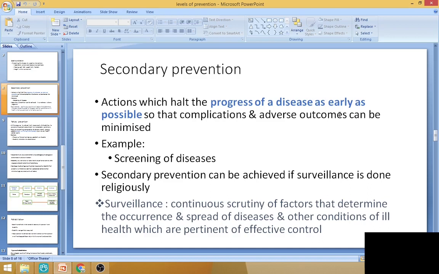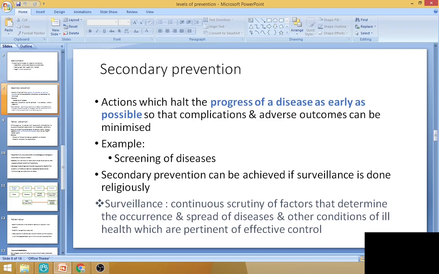Surveillance is one very important activity which helps in the application of secondary prevention. If you are asked to define surveillance, it means continuous scrutiny of the factors that determine the occurrence and spread of disease and other conditions of ill health which are pertinent to effective control. Think of a CCTV camera fixed everywhere: continuous scrutiny is happening.